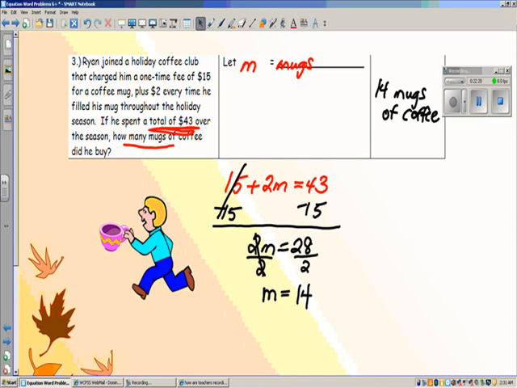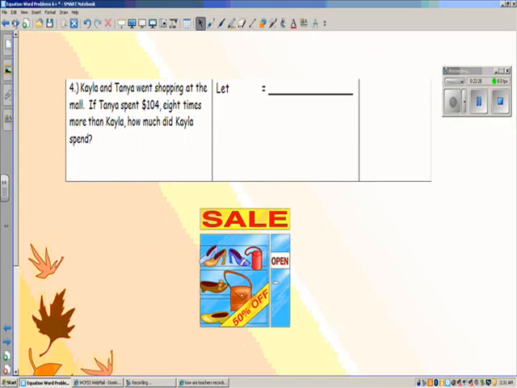Okay, next one. Number 4, we have Kayla and Tanya who went shopping at the mall. If Tanya spent $104, which is 8 times more than Kayla, how much did Kayla spend? Okay, let's start by defining our variable. We're looking for how much Kayla spent.